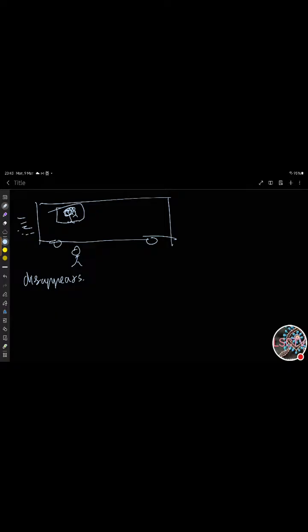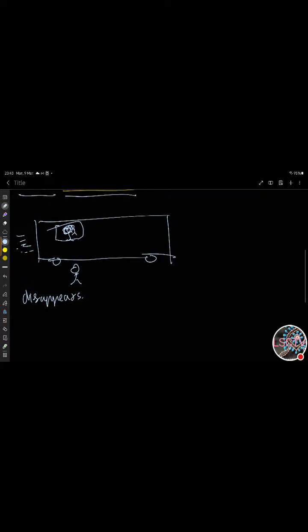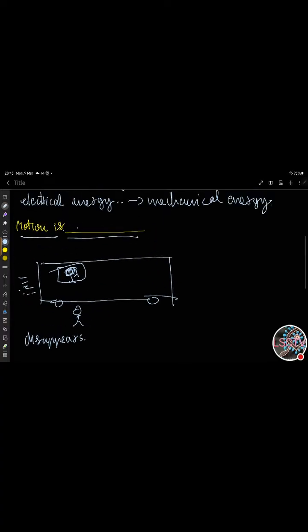Similarly, in a train, the trees appear to be going backwards. Now, the same thing is for your friend. When he looks at you, he feels like you're moving when the bus starts moving. So, motion is relative.